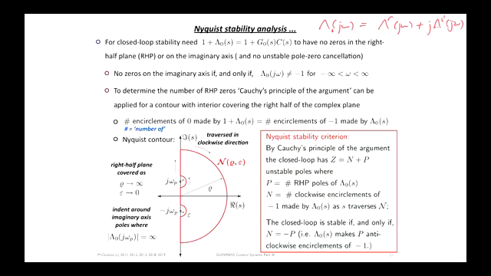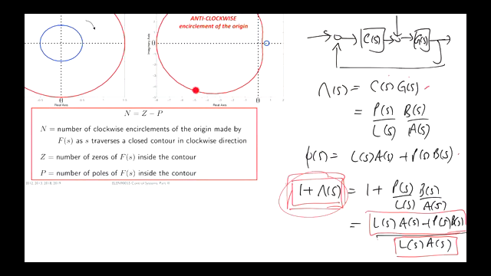Remember, what we're doing with Cauchy's principle of the argument is keeping track of the net change in phase of a function as we evaluate it along a contour. And that's what these little indentations are about. These little indentations are around any imaginary axis poles of the open loop transfer function. We're mapping points along here under a rational function to get a new curve like these ones here.